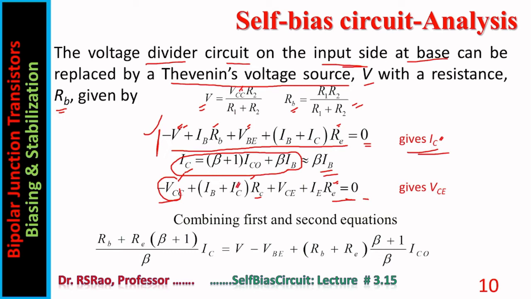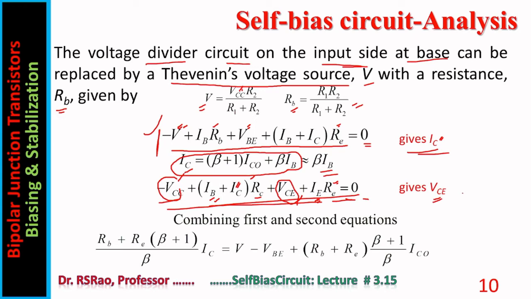Once IC is known, IB can be found using IC by beta equal to IB. So IB is also known. Once IB and IC are known, IE can be found within no time. In fact, IE is IB plus IC. So IE is known. So in this equation, all quantities are known except VCE. After solving this equation, one can obtain VCE too.